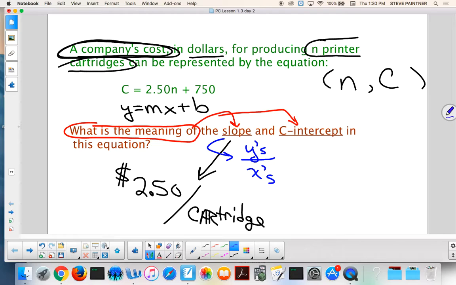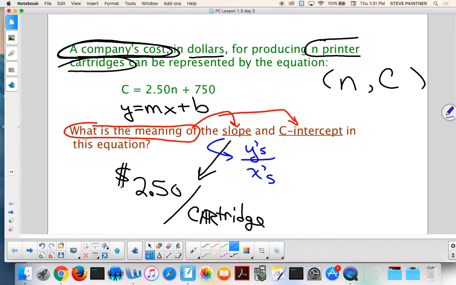So you should be telling me on top it's cost, because that's what y was replaced with. On the bottom it's cartridges, because that's what x got replaced with. So it's always this unit over this unit. So cost per cartridge. And every problem is the same. Every problem, the y's are on top, the unit for y's over the unit for x's.